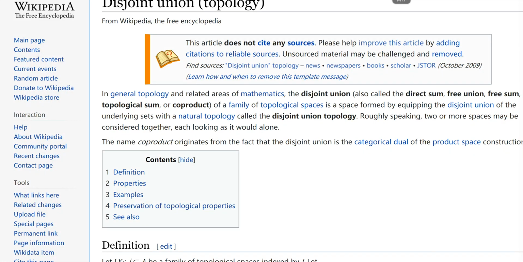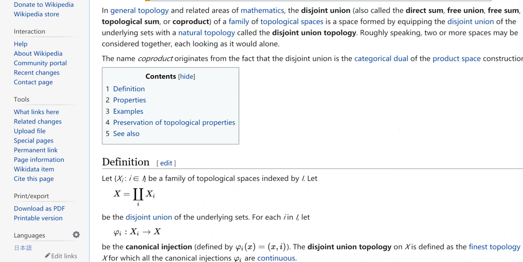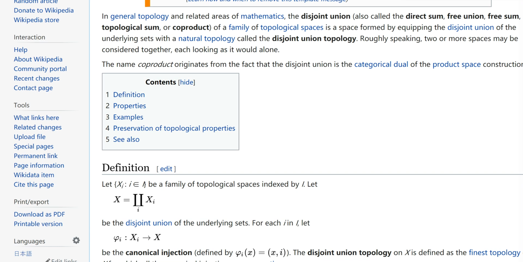More precisely, let's look at Wikipedia for the disjoint union of topological spaces. In general topology and related areas of mathematics, the disjoint union, also called direct sum, free union, free sum, topological sum, or coproduct, of a family of topological spaces, is a space formed by equipping the disjoint union of the underlying sets with a natural topology called the disjoint union topology.